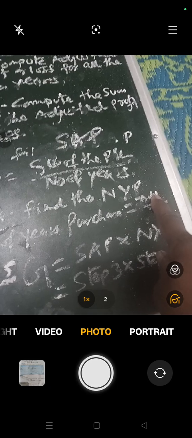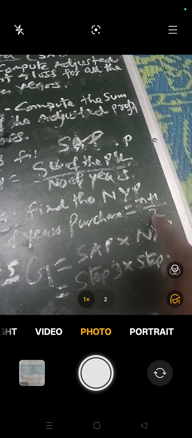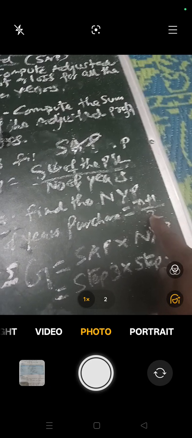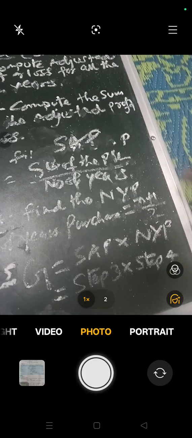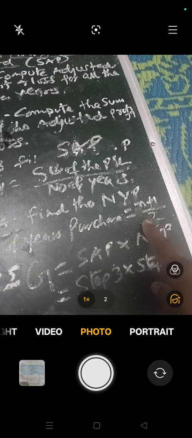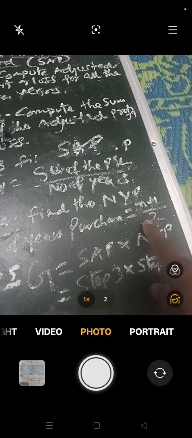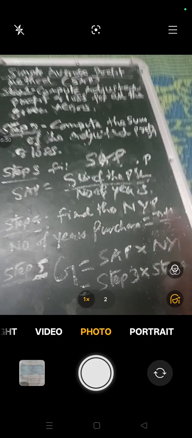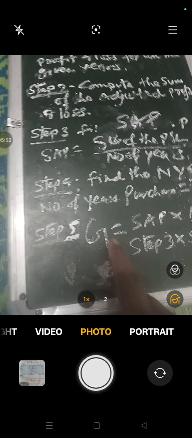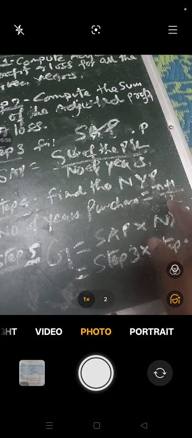But suppose n is 4, so (4 plus 1) by 2, that is 5 by 2, equals 2.5. So 2.5 will be approximated to the next whole number, that is 3. In no case is a fractional part of the year taken; it will be adjusted to the completed natural number. So NYP, number of years purchase, is equal to (n plus 1) by 2.